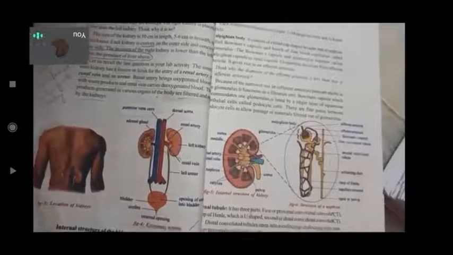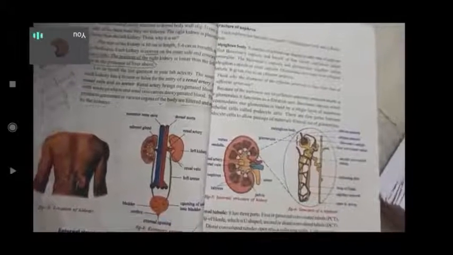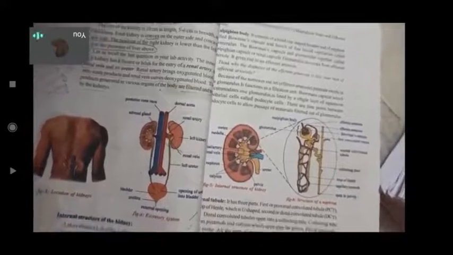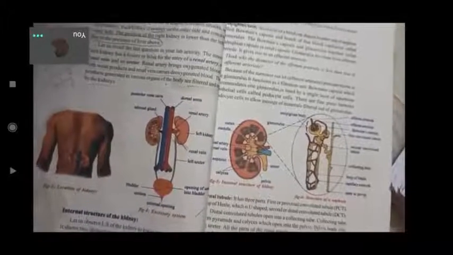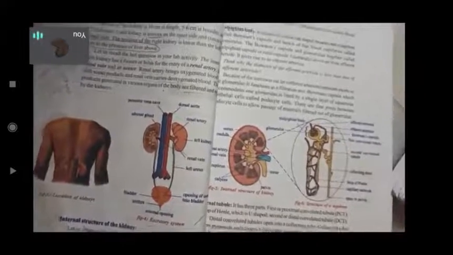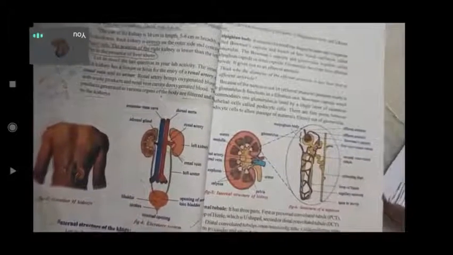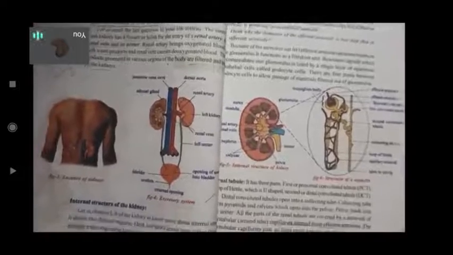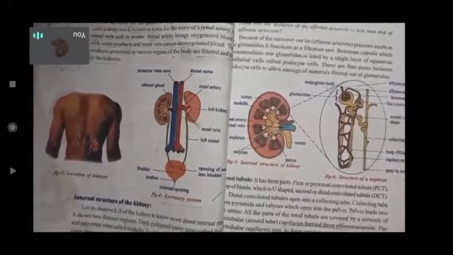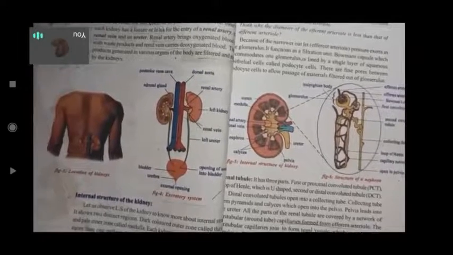So here the posterior vena cava is connected to the kidneys, and all the types of veins related to the kidneys, which drain the kidneys, are called renal veins.